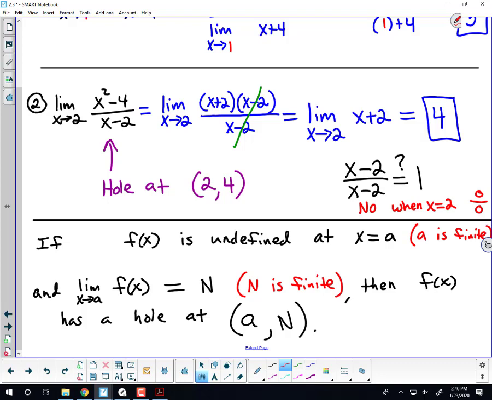Because x never really gets to 2. We said that this thing that we've canceled out is always 1, except when x is identical to 2, but that sort of belies the very definition of what it means to take a limit. We get closer and closer to 2. x is never actually equal to 2. So then this factor that we've canceled out is always 1.